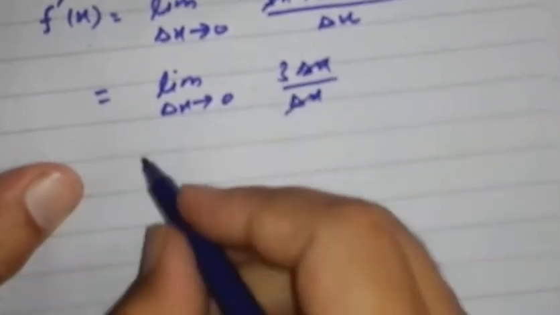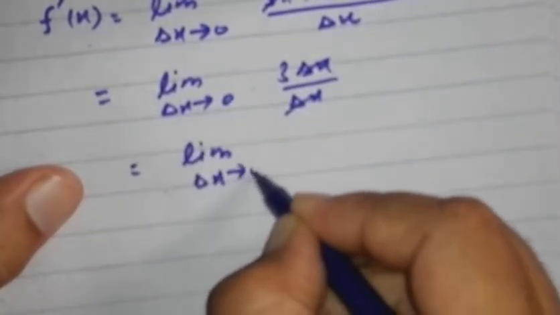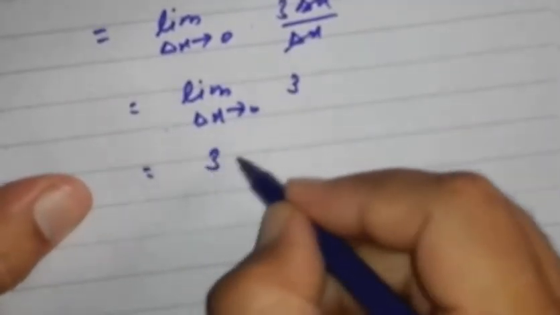Delta x cancels with delta x. We get limit delta x tends to 0 of 3, and the limit of a constant is constant. So this is the derivative by the first principle rule.